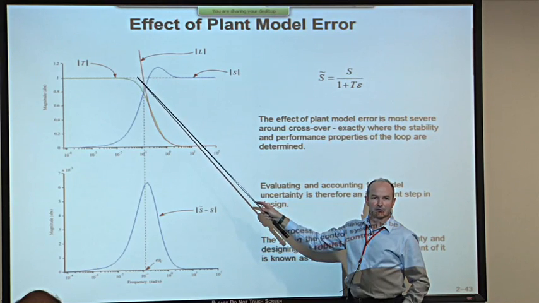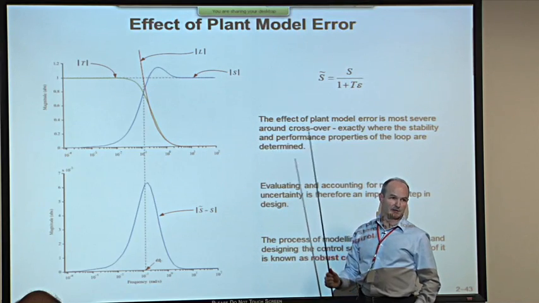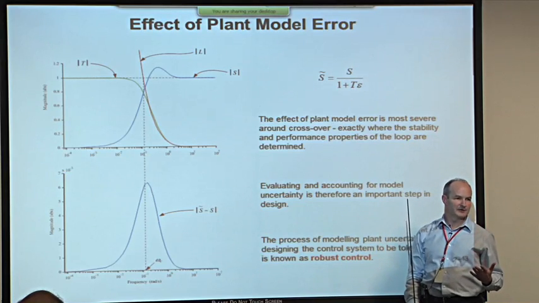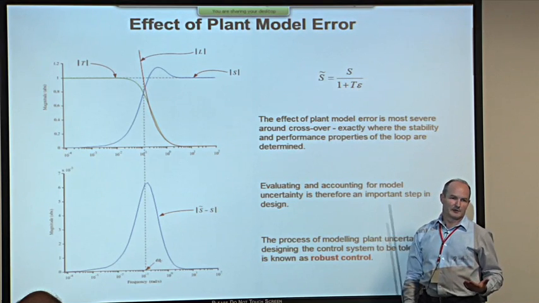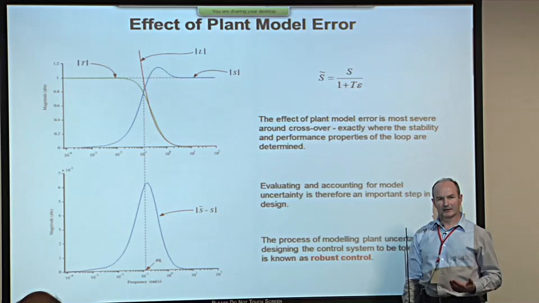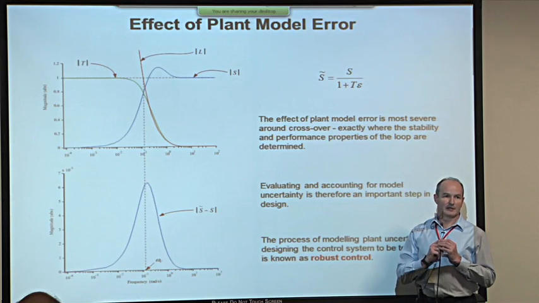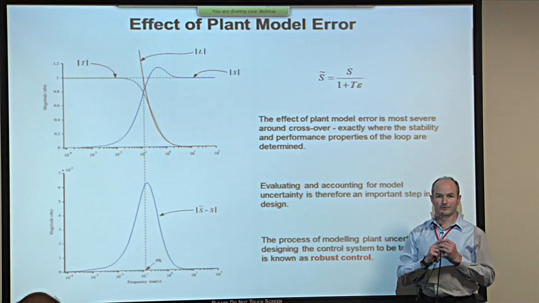That is the gain crossover frequency at which the stability of the loop is determined. It's like saying that plant model error has its biggest effect exactly where you can tolerate it least. So this is an argument to at least consider the effects of plant model error on your system, and the practice of modeling uncertainty and of making your system tolerant to it is called robust control.